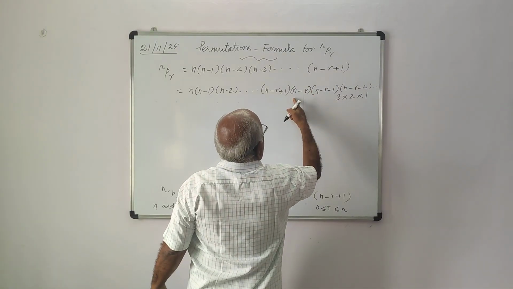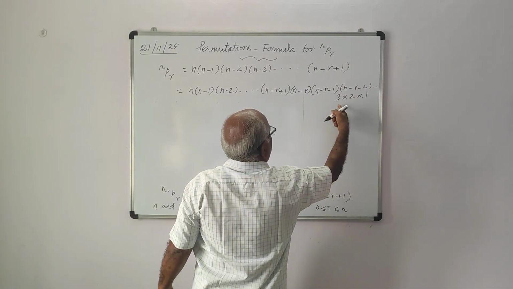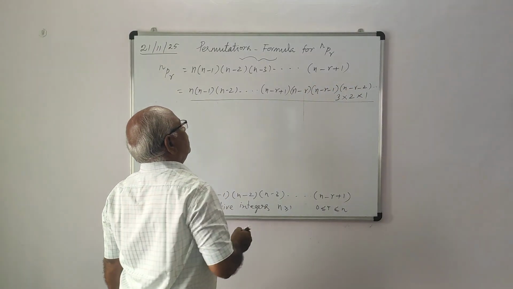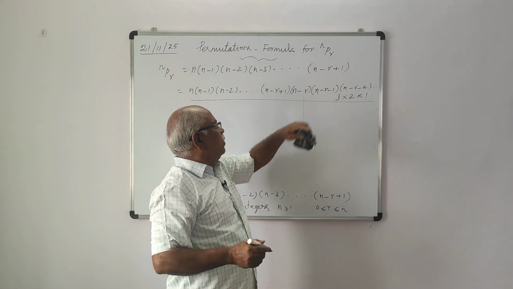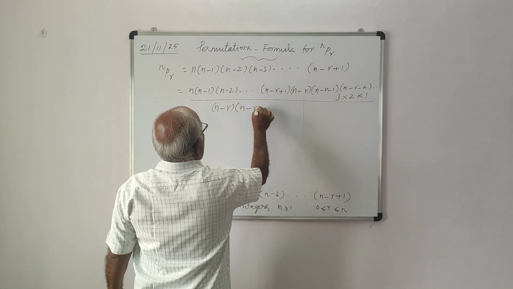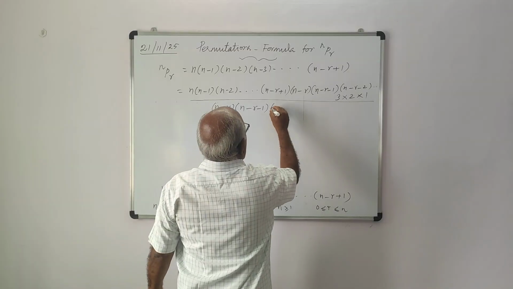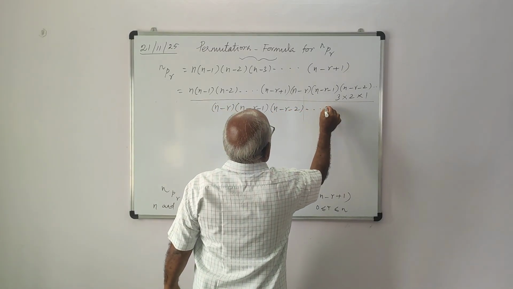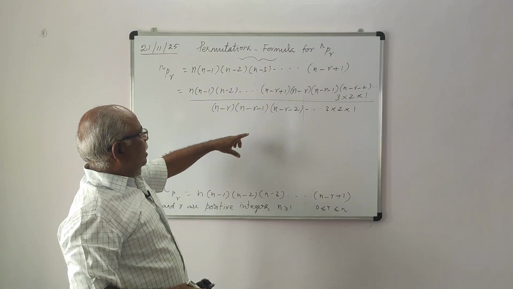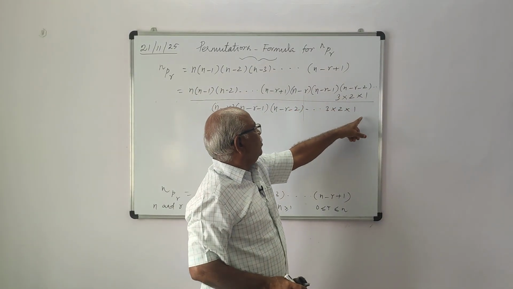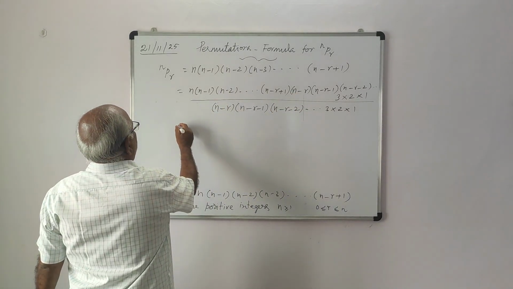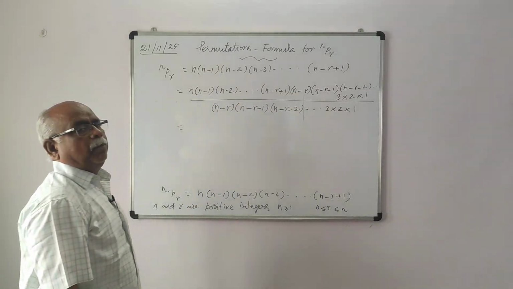After n minus r plus 1, I am writing n minus r, n minus r minus 1, and so on up to 1. Since I introduce the n minus r terms in the numerator, to balance that, I am introducing the terms n minus r minus 1, n minus r minus 2, etc., 3, 2, 1 in the denominator also. So both in the numerator and denominator, I am introducing these terms to balance this expression.